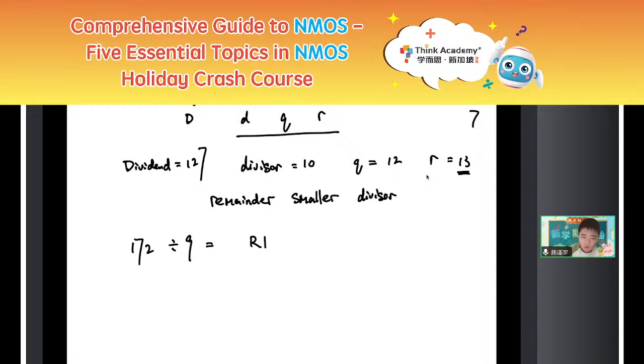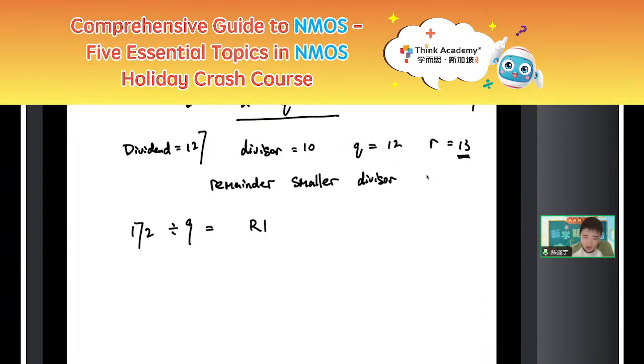Right? Now, how about 172 plus 172 and then divided by 9? What is the remainder? 2. Okay, a remainder of 2.